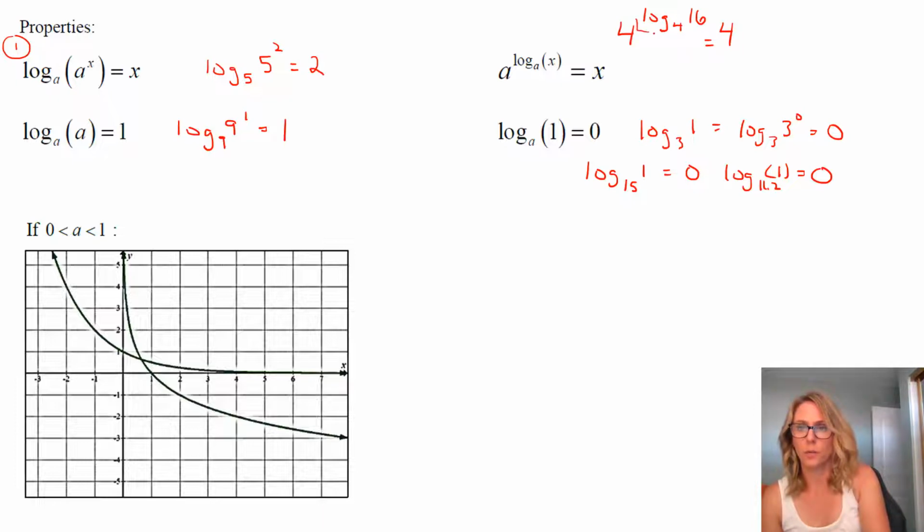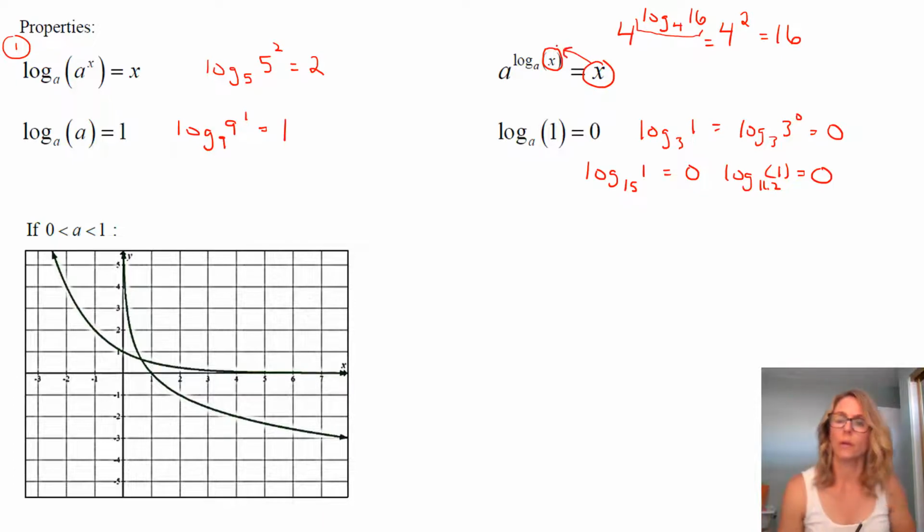That's this piece right here, is 4 to what power gives me 16? We know that that's 2. So I have 4 squared is 16. That's why when you have something of this form, your answer is just the thing that you have inside that upper logarithm. Yay.